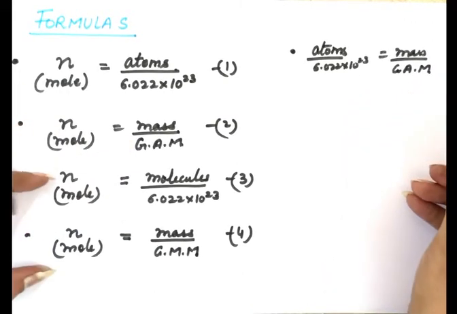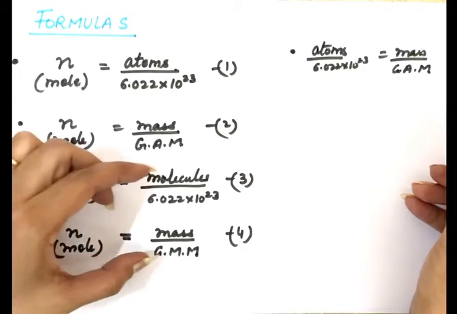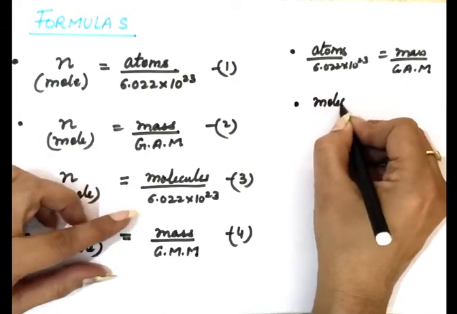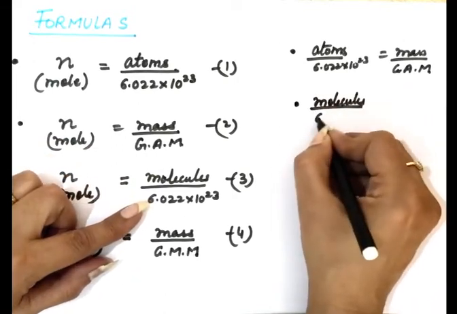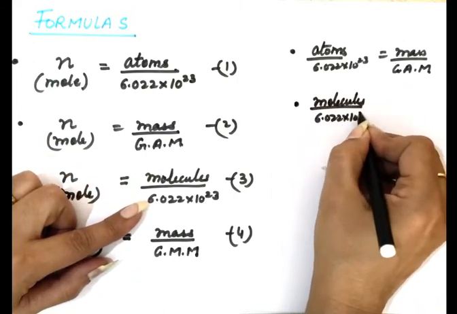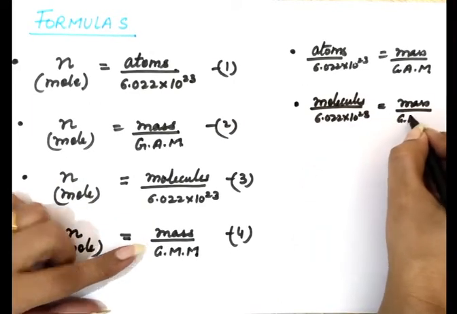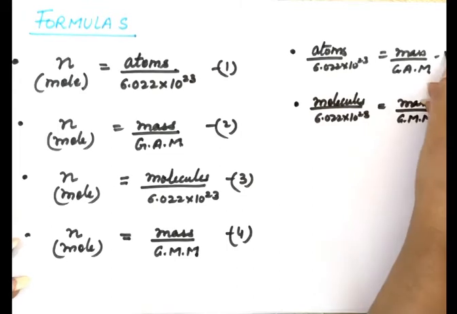Similarly, these are moles of molecules, so these two will also be equal. So we get the sixth formula, molecules upon Avogadro number equal to mass upon gram molecular mass. This is the fifth formula and this is the sixth formula.